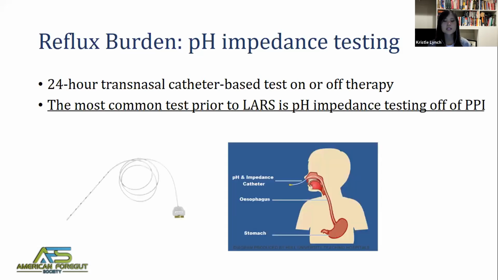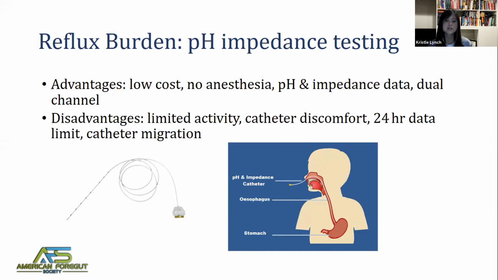So remember that the pH impedance catheter has dual pH sensors in the esophagus and stomach, and it also has impedance bolus sensors along the length of the catheter. On the right here, you can see a depiction of how it's placed transnasally and threaded through to the bottom of the stomach. So the advantages are low cost, no anesthesia. You get both pH and impedance data as dual channel.